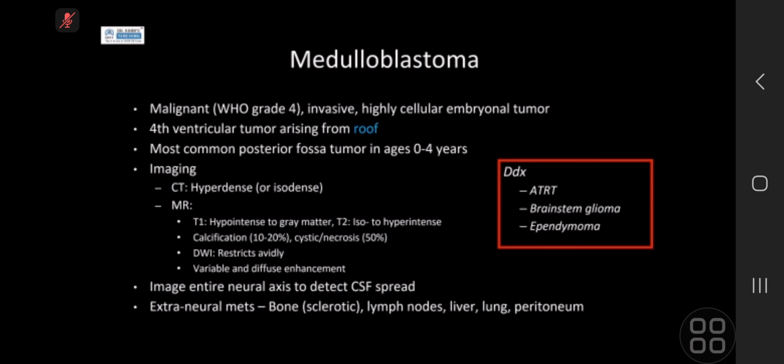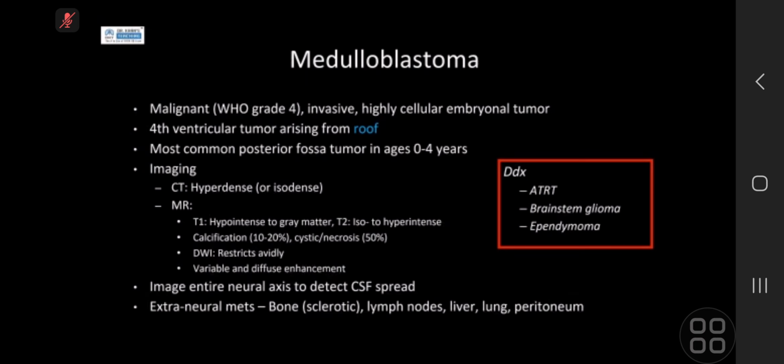If your child is quite young, say below 3 years old, you've got to think about ATRT. You don't really see much differentiating imaging features between ATRT and medulloblastoma, just that ATRT can be more homogeneous. A bit more about medulloblastoma that you may not know: there are 4 major molecular subgroups, because this whole neurogenetics is about tumor staging as part of improving treatment.